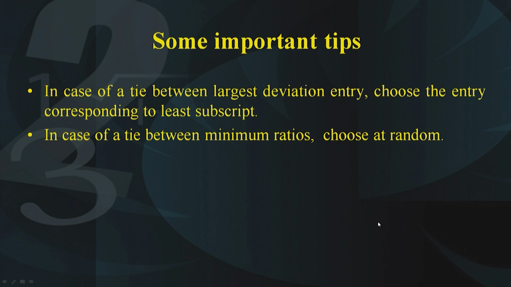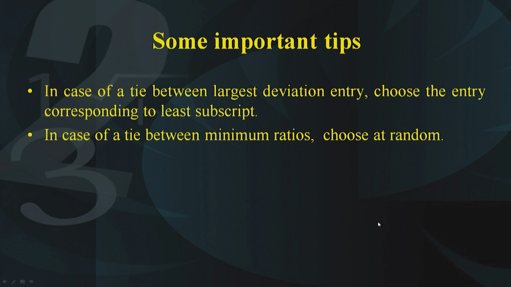So, in case of a tie, choose the one with the lower subscript. A similar situation might arise when there is a tie in the minimum ratio test, that is, the minimum ratio is equal for two rows. Again, in this case you can choose at random, although the solution will be the same, but the number of iterations might vary.